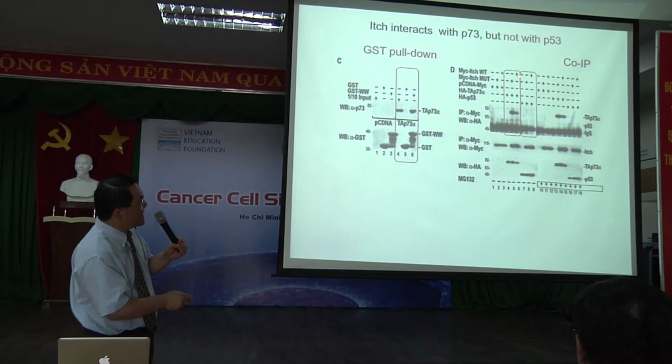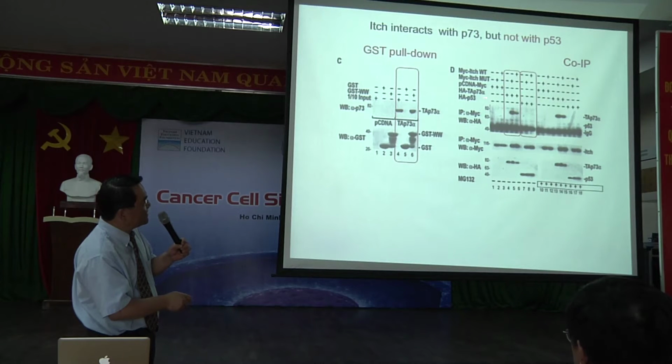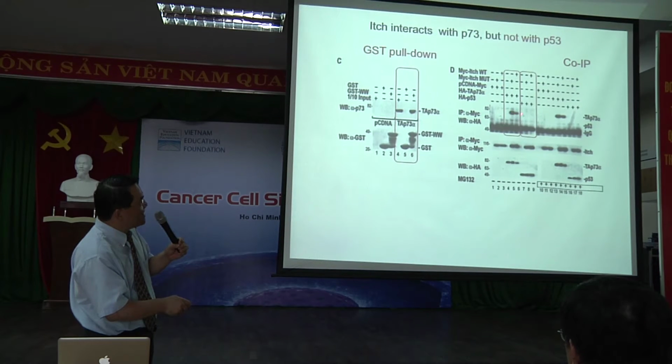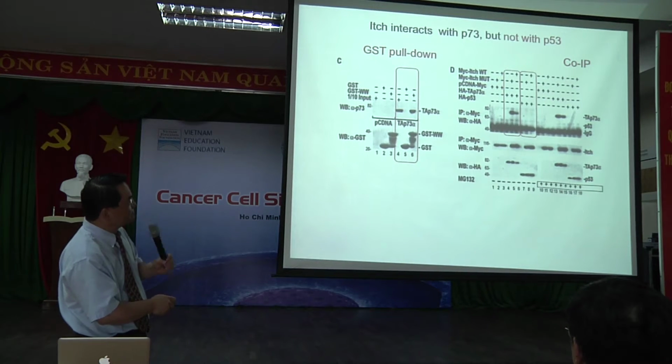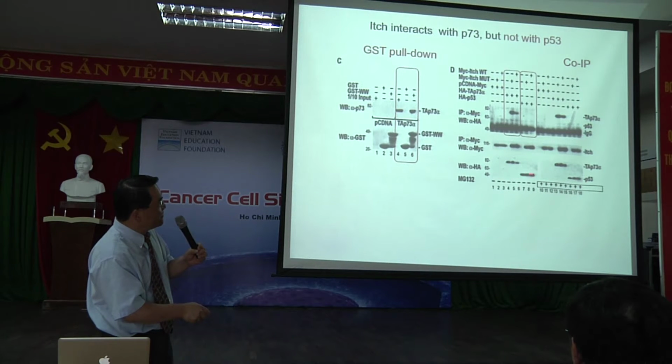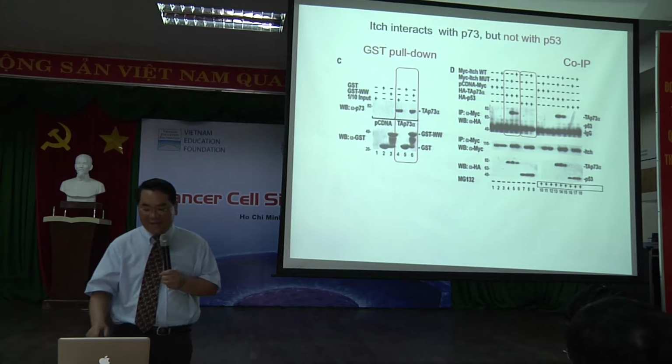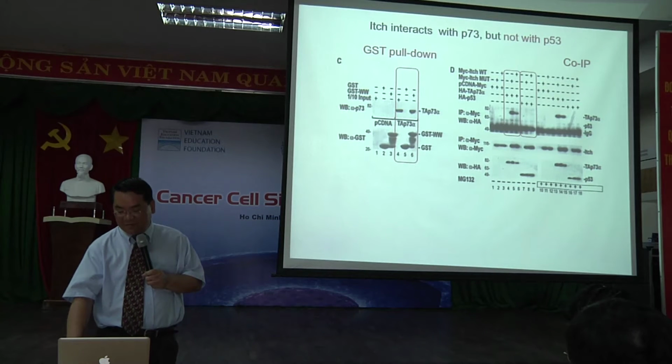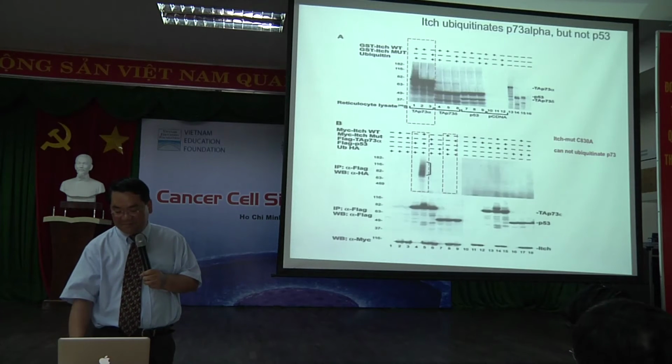Only recognize P73 alpha because this is the P73 band. The P53 band is not being recognized. Okay, P53 is supposed to be lower on the side, okay, and you don't see the P53 band got recognized. So it suggests that each only binds to P73 alpha and not P53.